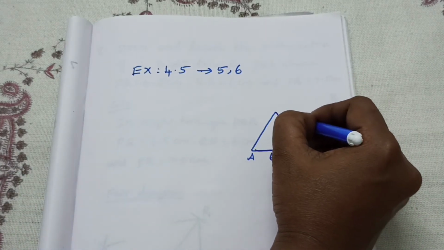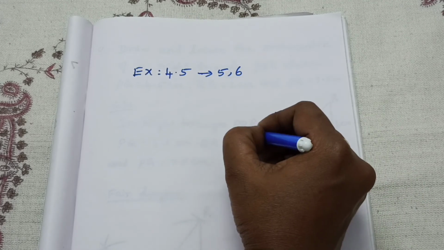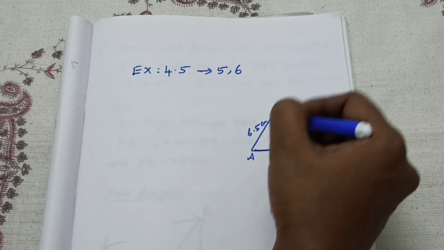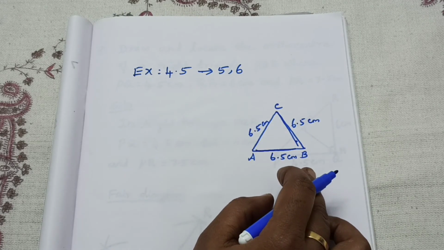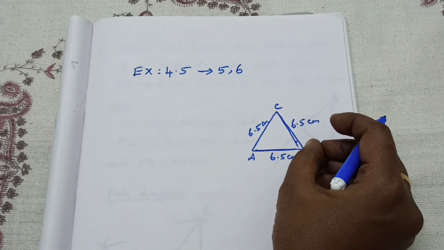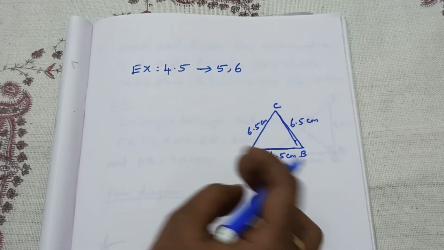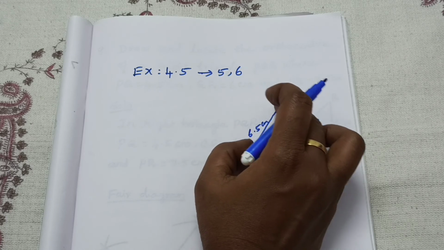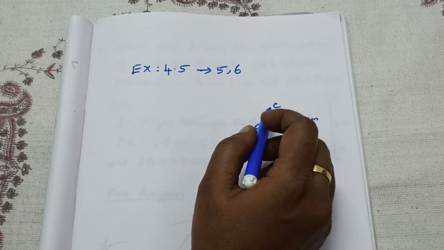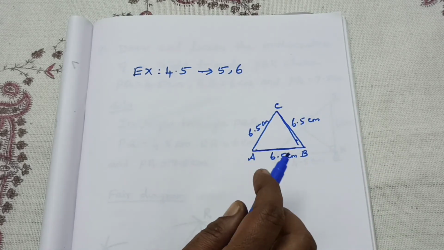Here 6.5 centimeter. Here also 6.5 centimeter. Okay. A, B, C. Then AB 6.5 centimeter draw. Then afterwards from B, 6.5 centimeter draw the arc. From A, 6.5 centimeter draw the arc. Their intersecting place is C. Then we will get the triangle.